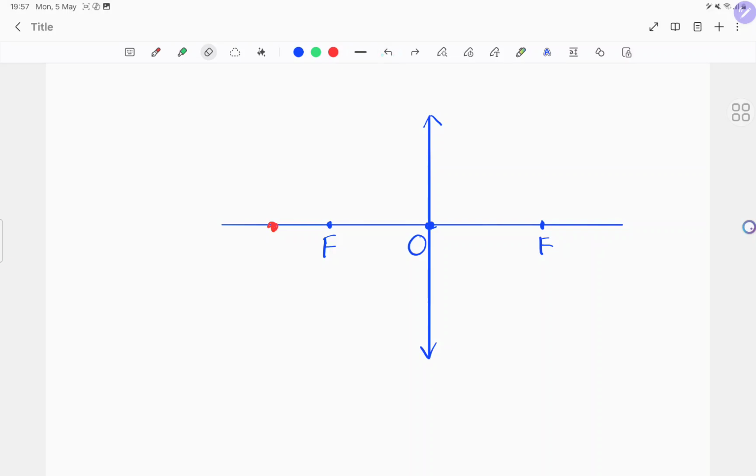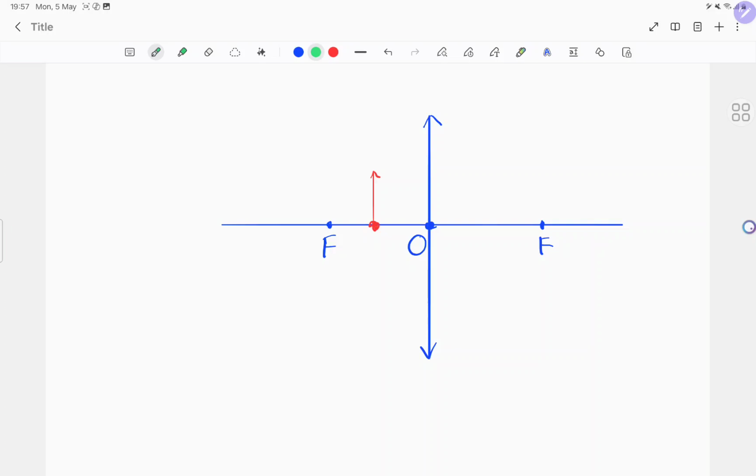Why don't I just do it like this? I put it here, inside OM, between O and M. So the distance of the object to the lens is smaller than the focal length. See that? You also draw the image of the top.